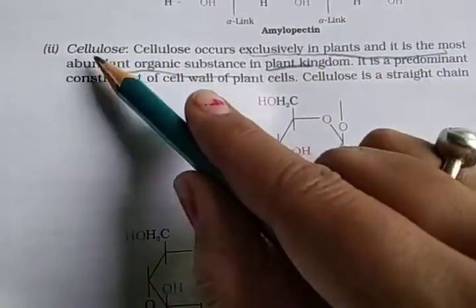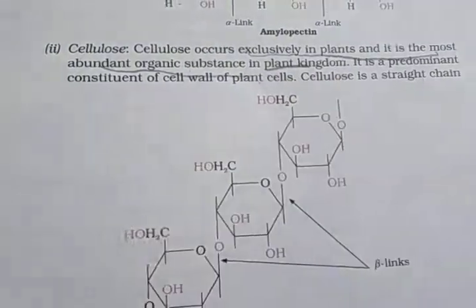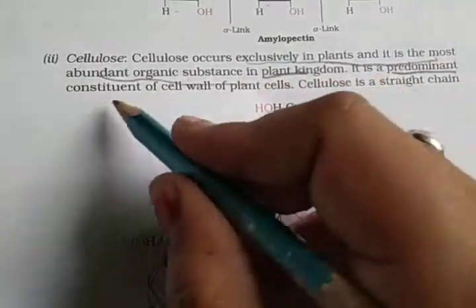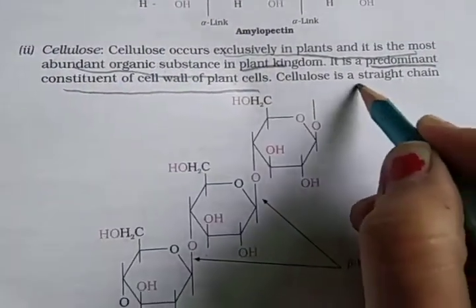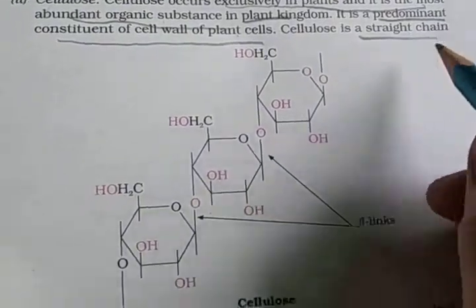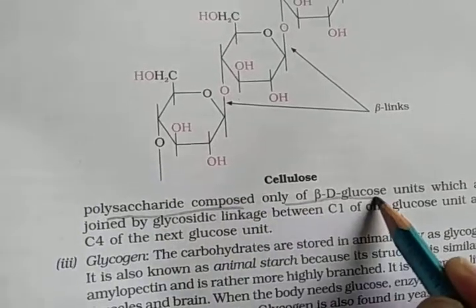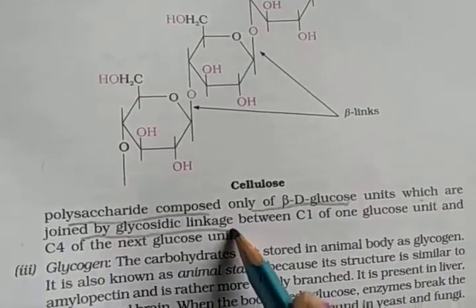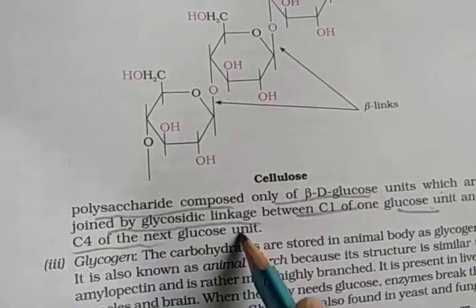It is the predominant constituent of the cell wall of the plant cell, and it is a straight chain polysaccharide composed only of beta-D-glucose units, which are joined by glycosidic linkage between carbon 1 of one glucose and carbon 4 of the next glucose unit.